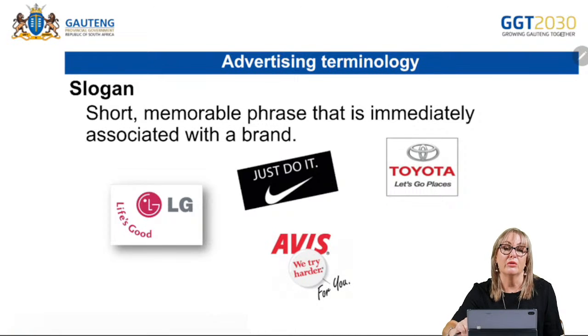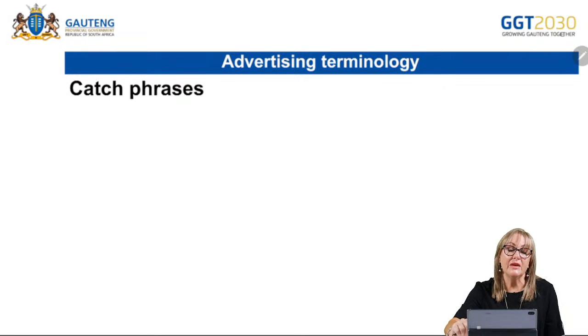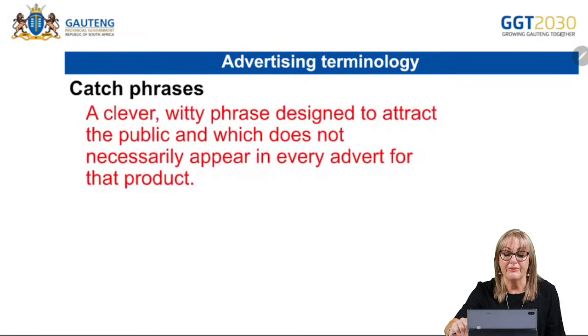We all know which products are being referred to when we hear these slogans. And then they use clever catchphrases. It's clever and witty. Witty means it's funny, it's clever. They use puns to attract the attention of the public. And it does not necessarily appear in every advert. Think of the Nanos advertisements, they change constantly.